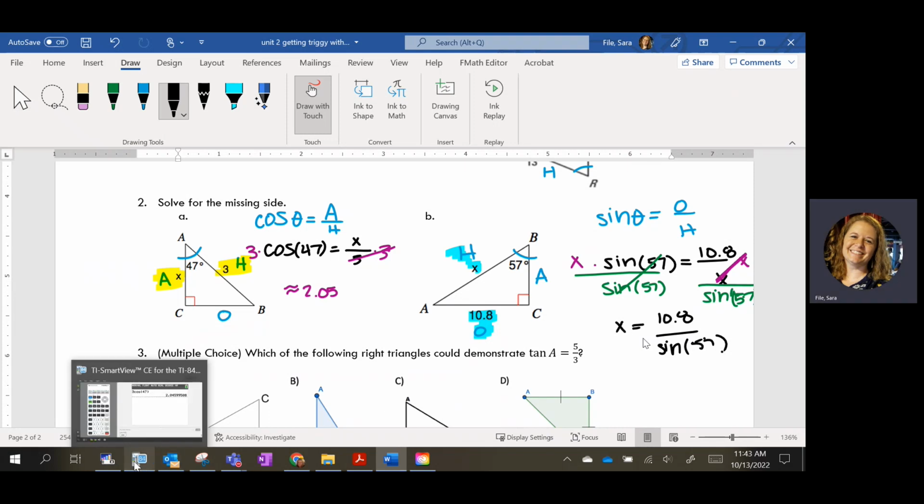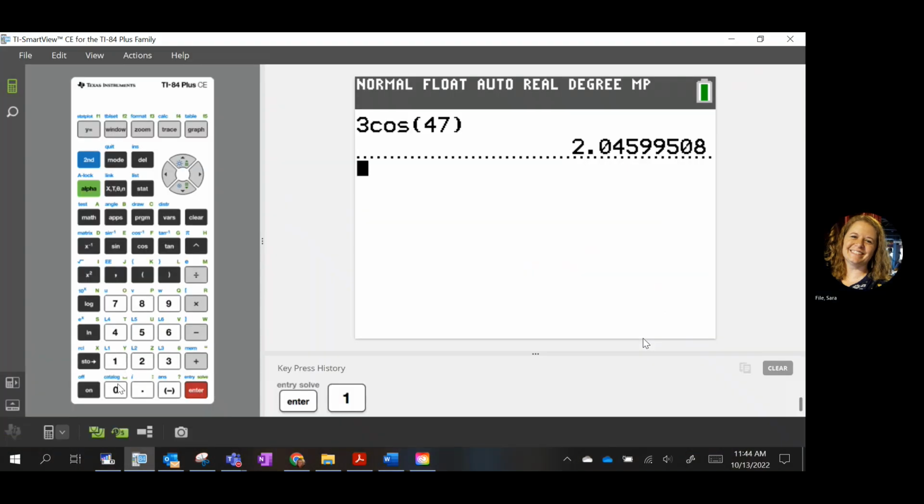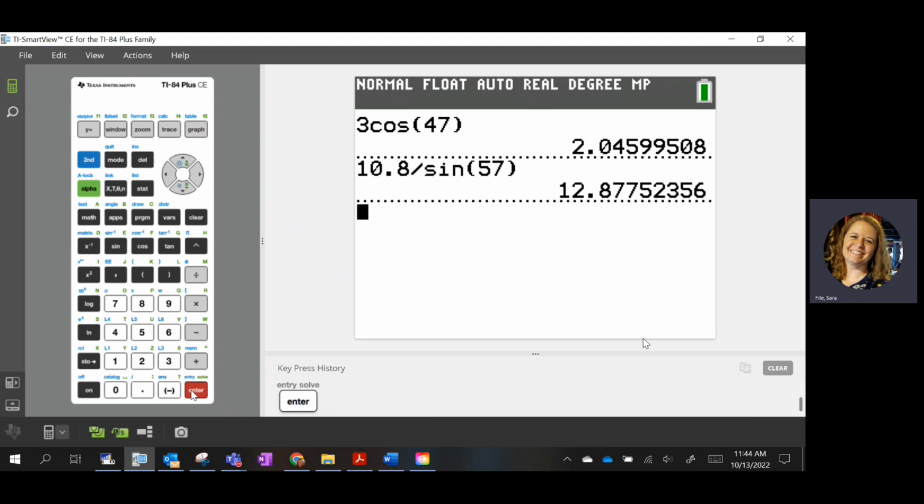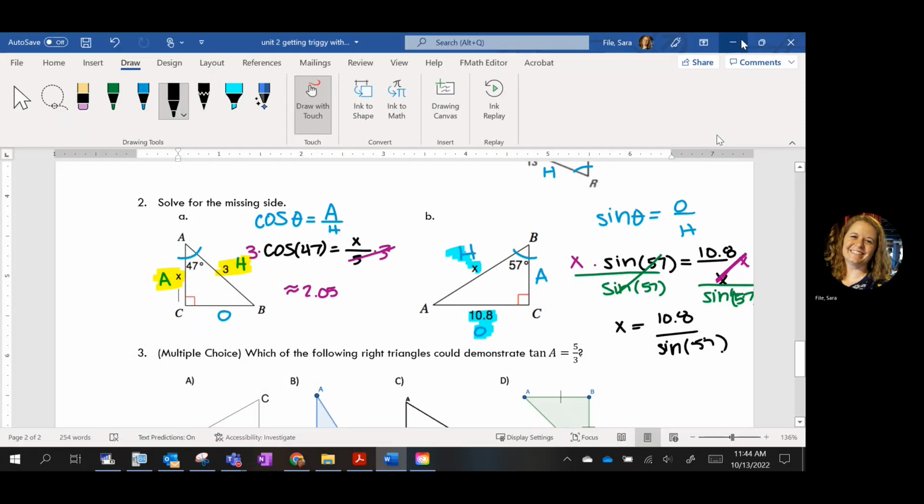So I say 10.8 divided by sine of 57, and that's approximately 12.88 for that one. Does that make sense? It's the hypotenuse. Should it be bigger than the leg? It should. So that one makes sense again.